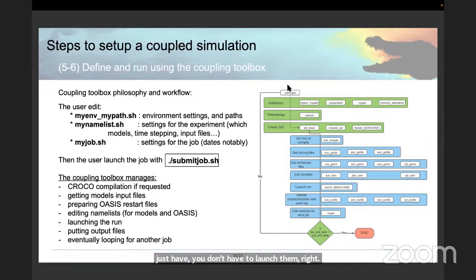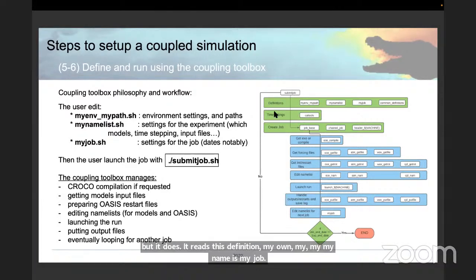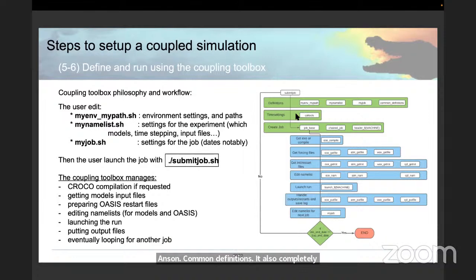So this is the theory. In practice, I hope it will work like that. But the submit job, what it does, it reads this definition, my-of-my-path, my-name-list, my job, and some common definitions. It also reads some cal tools, tools for calendar stuff to prescribe time settings. It creates a job. It submits the job to the machine. And in this job, it gets the executable files, and eventually compiles the ocean model if you ask for it. It gets the forcing files for the ocean, the atmosphere, the wave model.